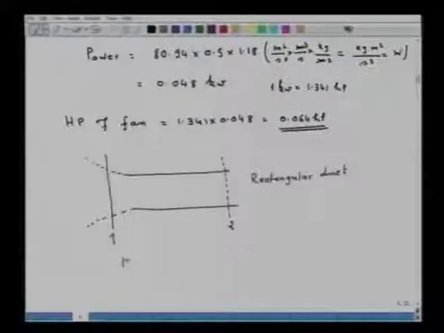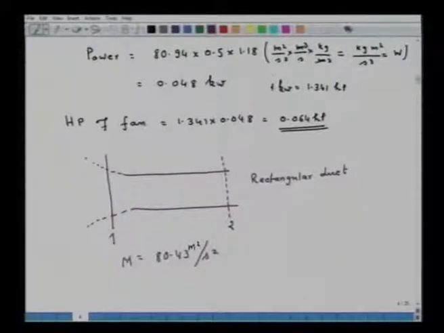So, if you do that, then the M value according to me is coming to 80.43 meter square per second. So, this is an exercise to be done as I have illustrated what is to be done.